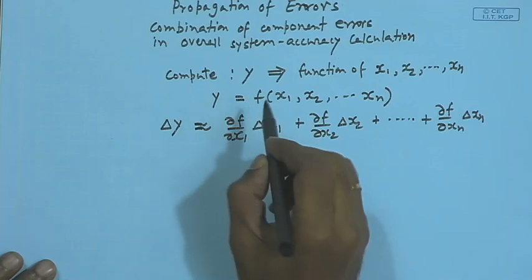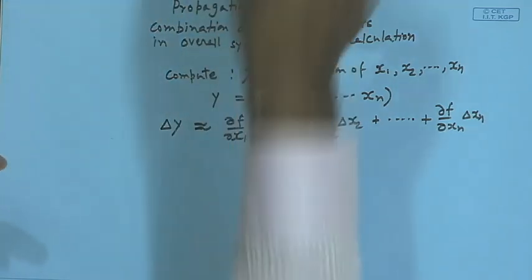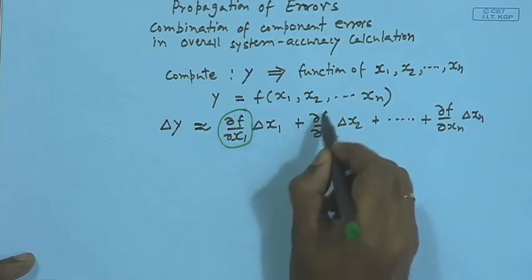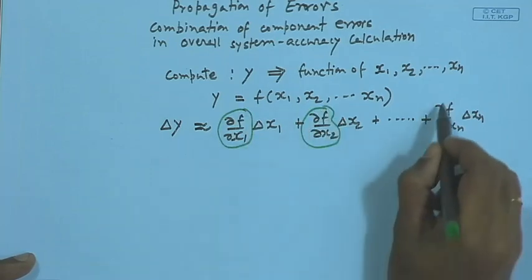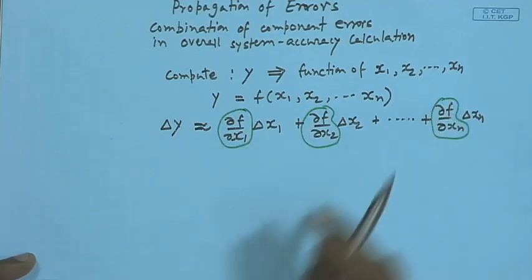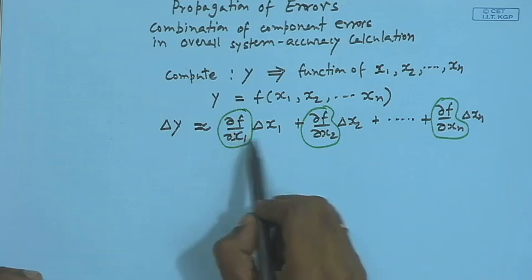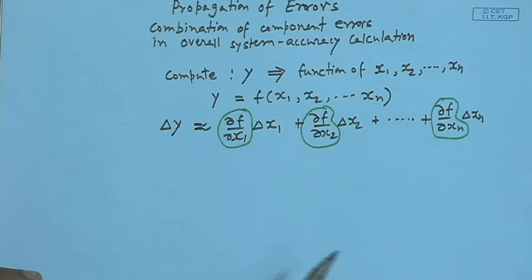We can think of these partial derivatives as the sensitivity of y to changes in the particular x. So, these are sensitivities of y to changes in particular x.